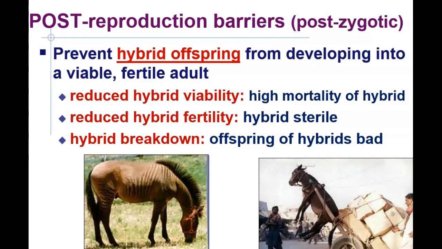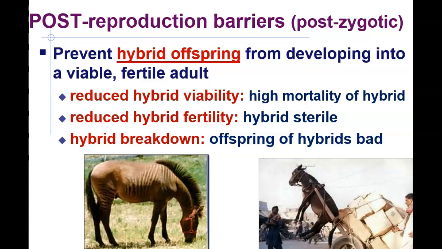Sometimes, however, a zygote can form, but there are other issues after the zygote forms, and those are forms of postzygotic isolation. For example, reduced hybrid viability. That means that the hybrid or the offspring produced by these populations that are in the process of speciation don't live.